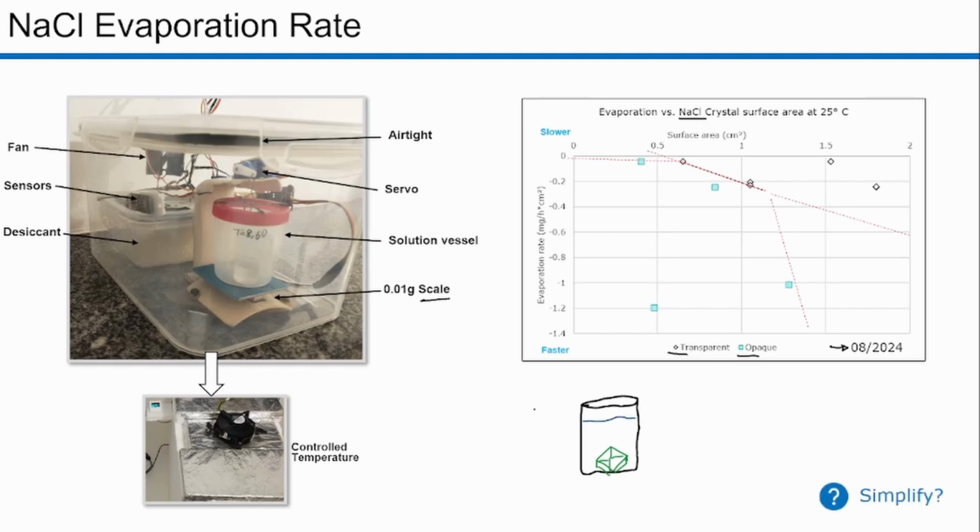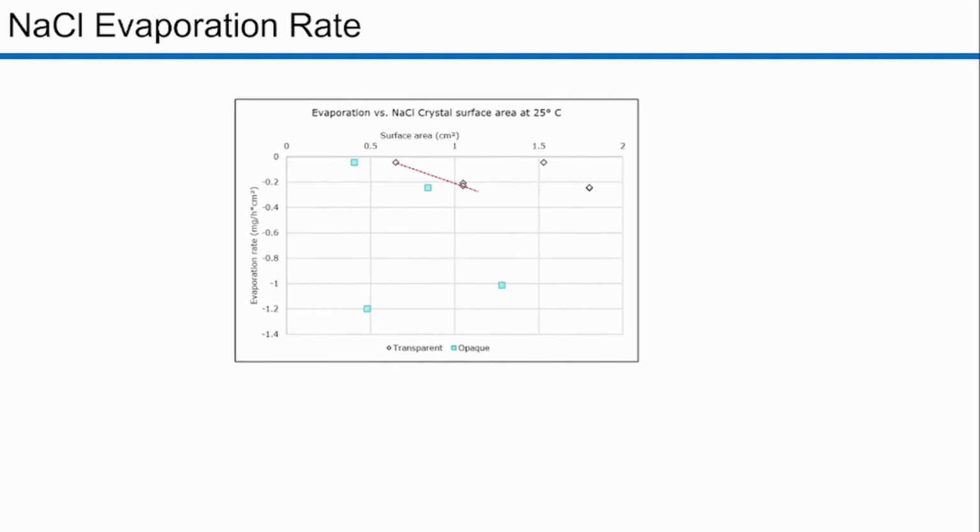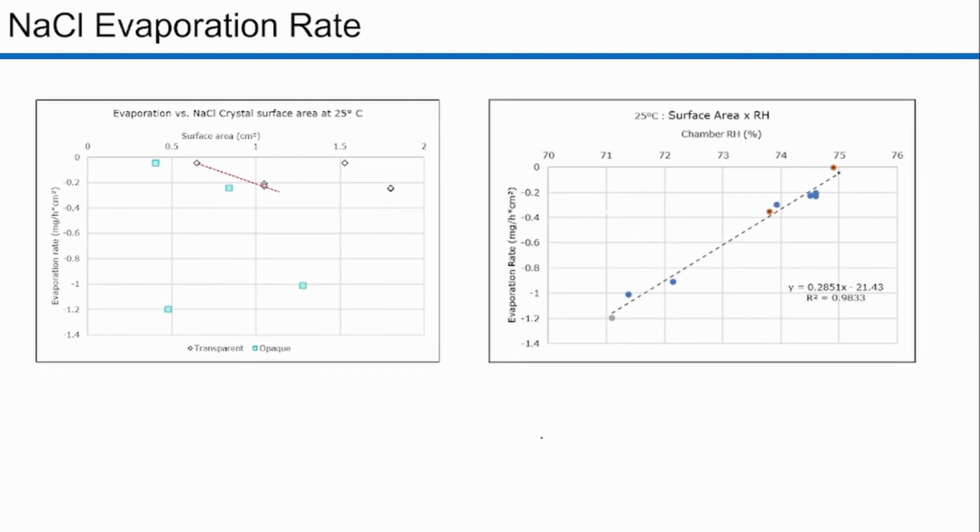Then you might ask me, okay, this is a home science video, isn't it? So how can I measure evaporation rate at home without all these things? Okay, I have some good news, which is the correlation between the evaporation rate and the relative humidity of the chamber, at least for sodium chloride.